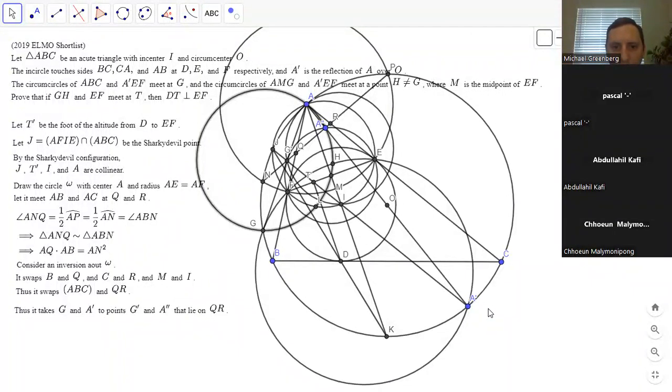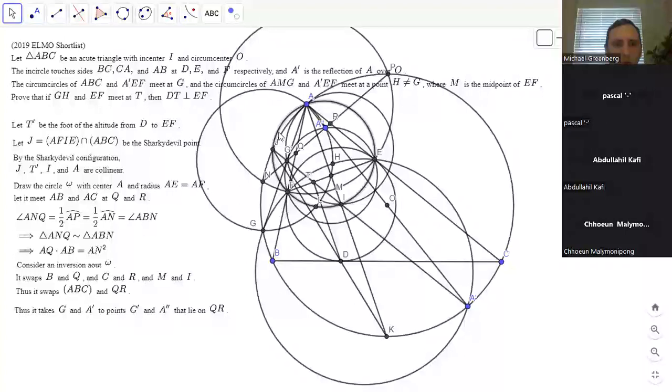And so, therefore, G prime has to pass on this line. So we know G prime lies on this line. I just don't know where J inverts to.